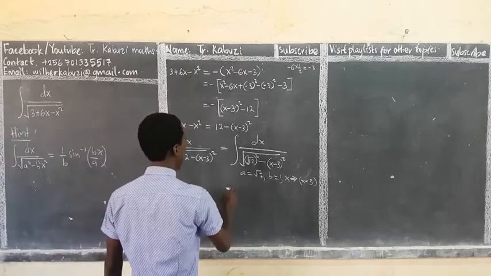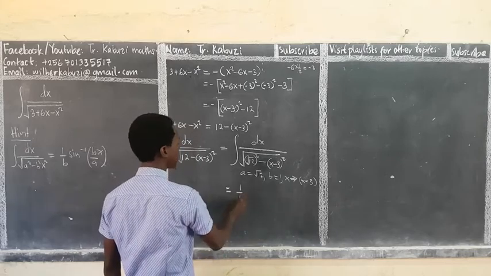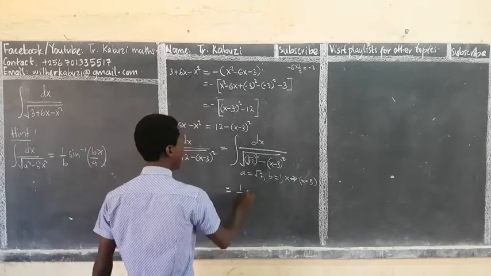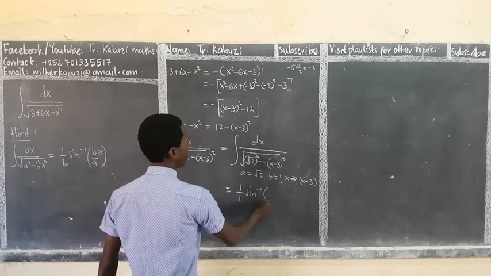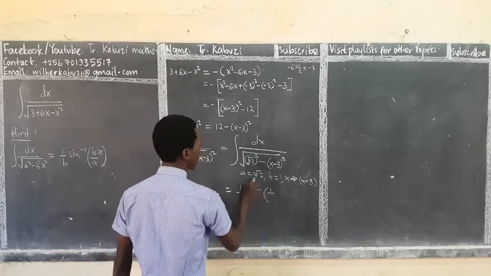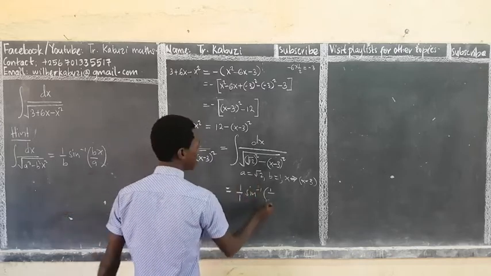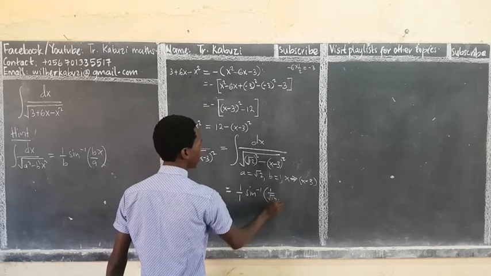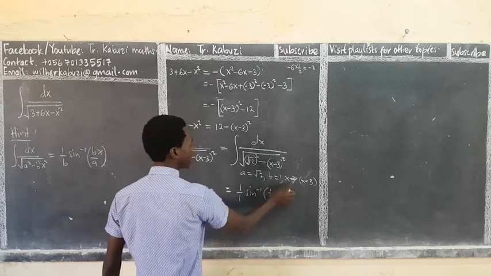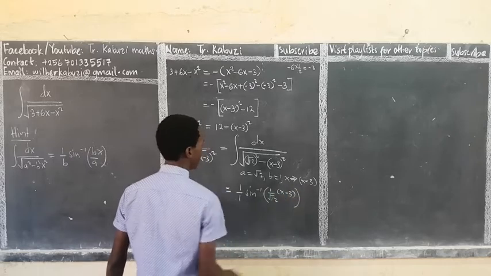So this will be now 1 over b, which is 1, then sine inverse of b, which is 1, over a, which is root 12, then our x, represented by that in simple terms.